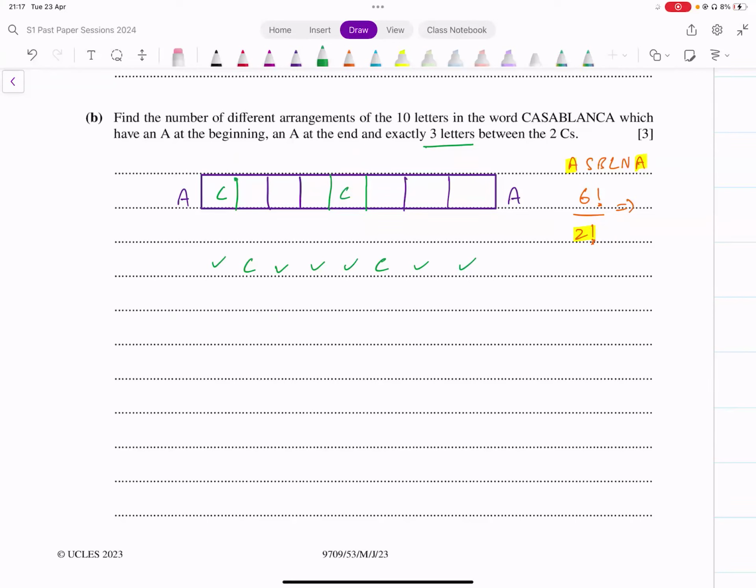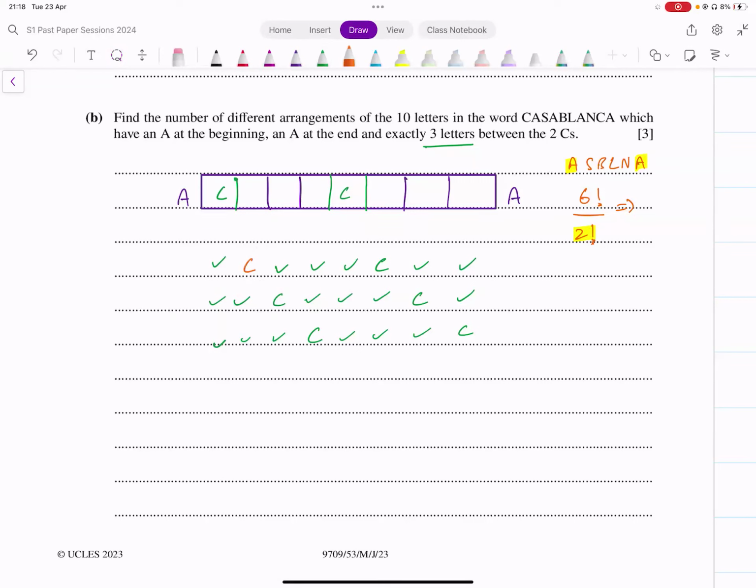Or you could have a C here and a C here with 2 letters on the left, 3 letters in the middle, and 1 letter on the right. That could be another possibility. You could also have a C here, and then 3 letters here, and then a C here, and then 3 letters here. These are 3 other possible cases that you could have, right?